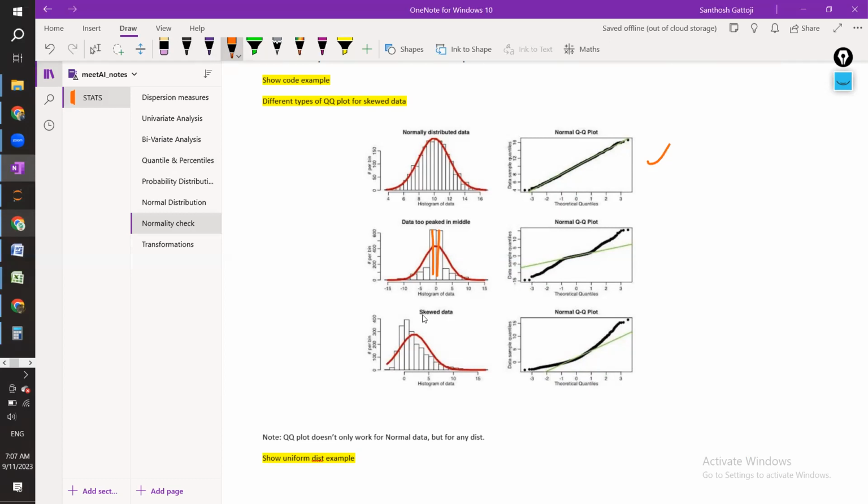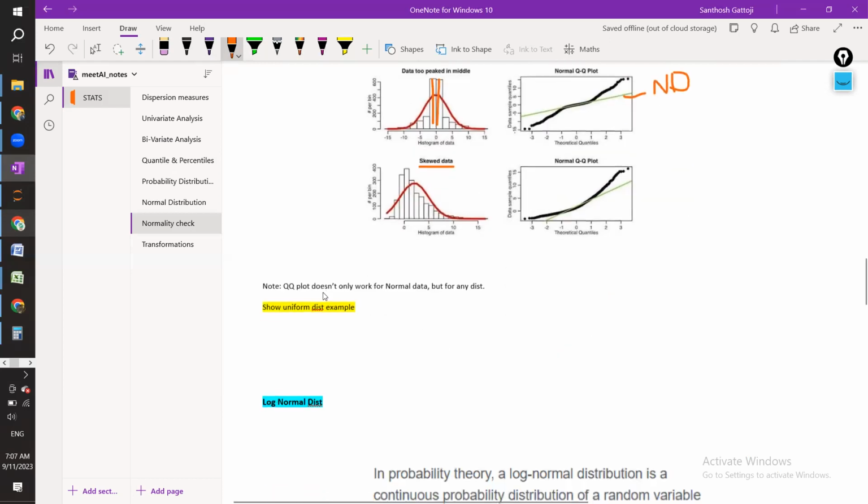And if it is a skewed dataset, this is a right skewed dataset, then also the QQ plot will be slightly deviating from the normal distribution. This line is the normal distribution, and these plottings are for your data distribution. You will understand how much it is deviating from that.